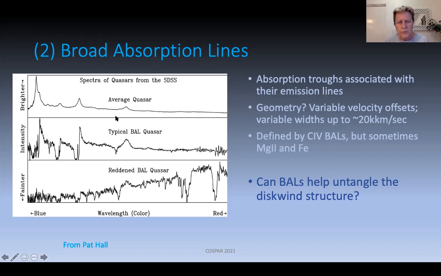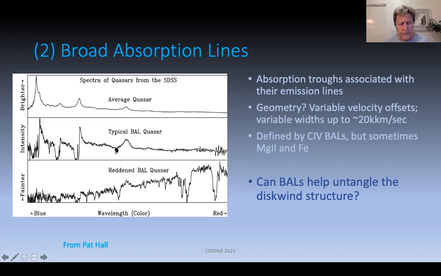In a broad absorption line quasar, what we see are some very deep and broad absorption line troughs, just blueward of the emission line. So you can see there's a carbon-4 absorption line here and a silicon-4 absorption line just blueward of the silicon-4 emission line.